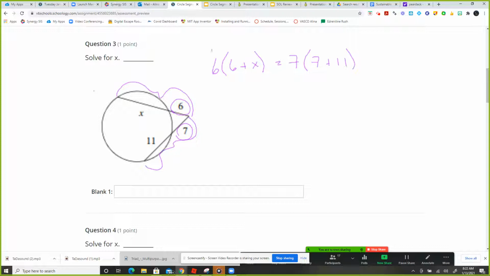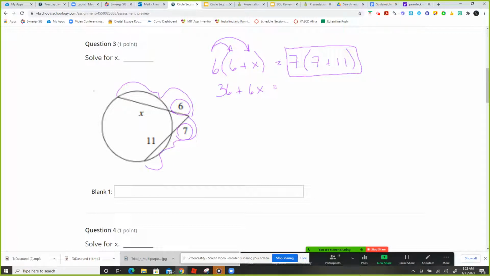And then we just got to clean it up. If there's a constant outside parentheses, you need to distribute. So we get 36 plus 6x. I didn't change the order this time, I was being lazy. And then I can put this whole thing into the calculator exactly the way I see it because there are no variables in it. So 7 parentheses, 7 plus 11.